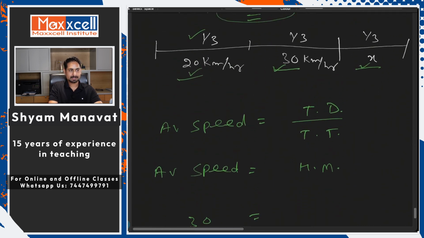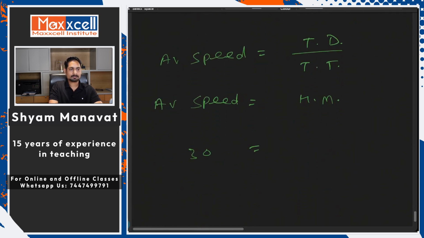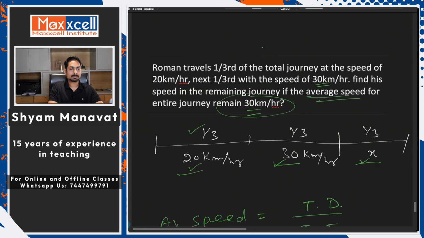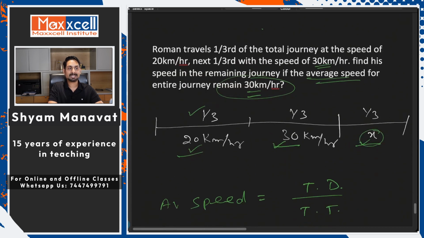So I can say in this case it will be 3 upon, because distance is same. I am repeating this again and again because distance is same. It is number of values by sum of their reciprocal. So 1 upon 20 plus 1 upon 30, and the third speed we assume to be x because we need to find it out.